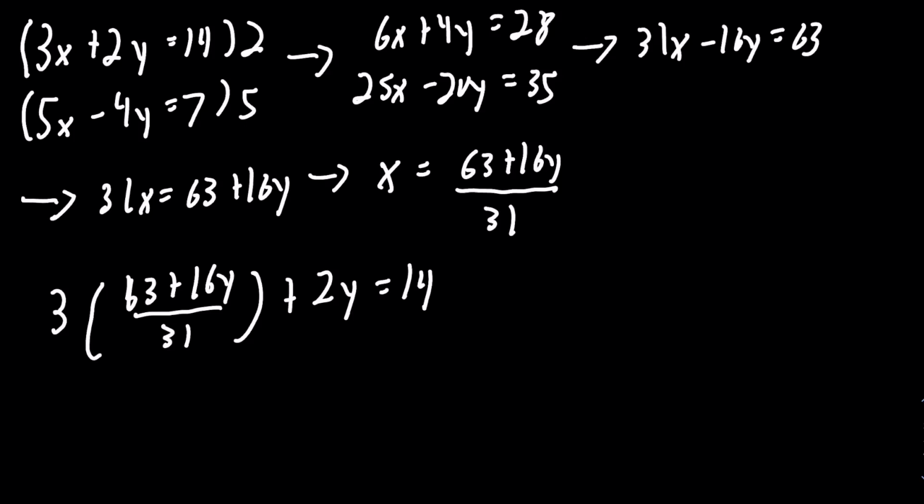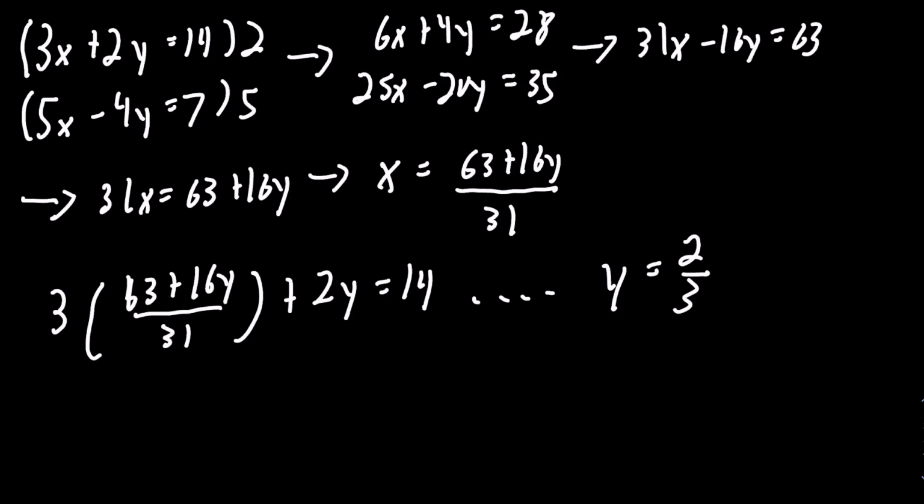But after you distribute the 3 into the fraction and solve for y, your final answer should be 2/3. Again, if you don't believe me, pause the video, run the math yourself. You're going to get 2/3 for y.